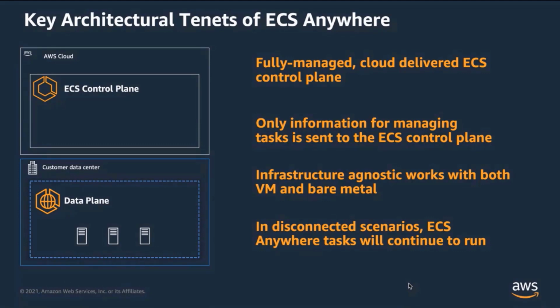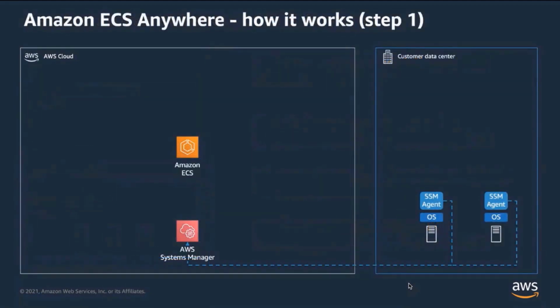So let's see, how does ECS Anywhere work? Let's dive a little bit deeper. As I said, on the left-hand side, you see the AWS cloud. It has Amazon ECS. That's the control plane, fully managed by us. One additional service that we leverage is the AWS Systems Manager.